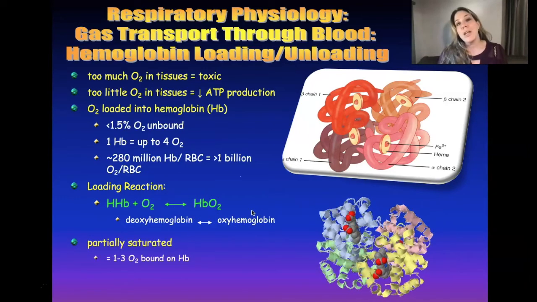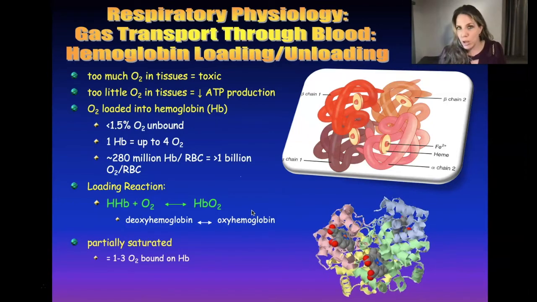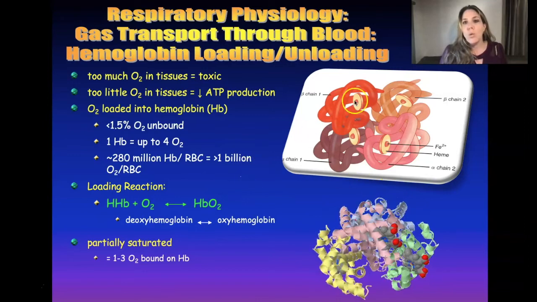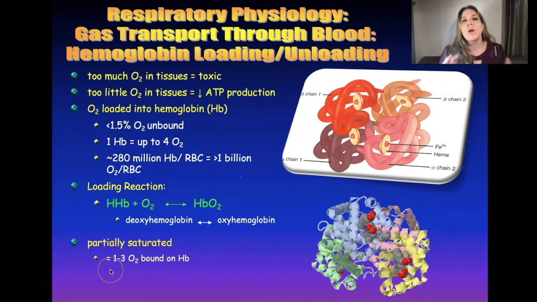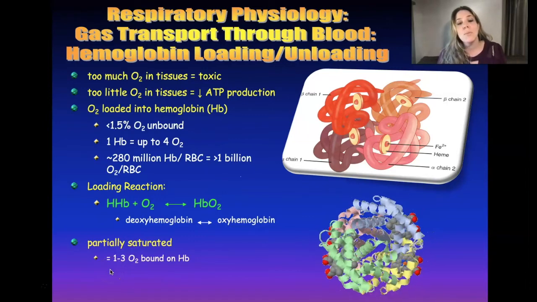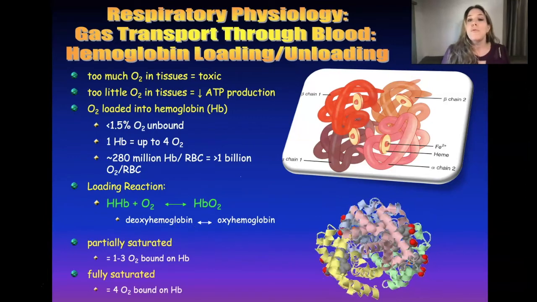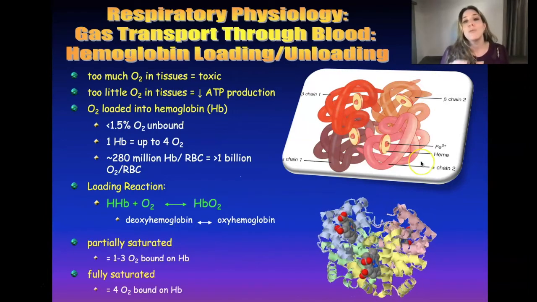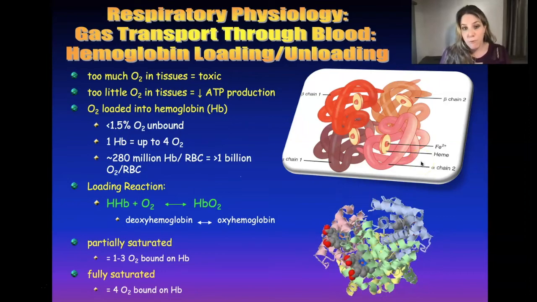And we can categorize hemoglobins as being partially saturated or fully saturated. If only 1 to 3 of those heme groups have oxygen bound to them, we say that the hemoglobin is partially saturated. But if we fill all 4 sites with oxygen, then we say that the hemoglobin is fully saturated.